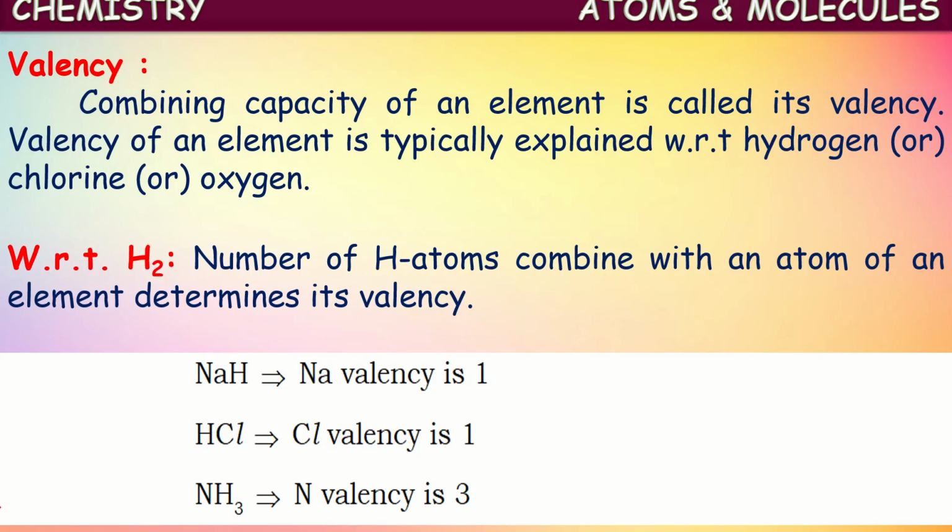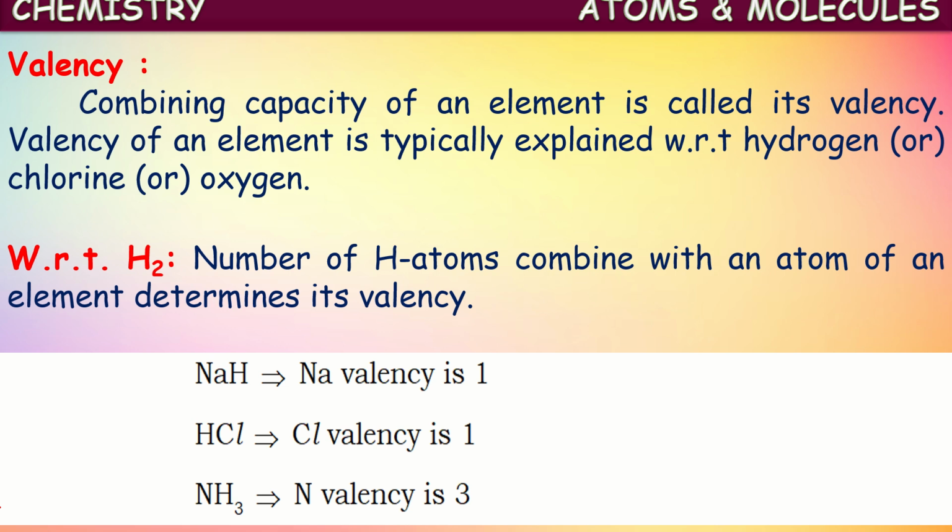Valency, simply we can define, is the combining capacity of an element. That means the way an atom of the same element or of a different element combines. That combining capacity is called its valency.